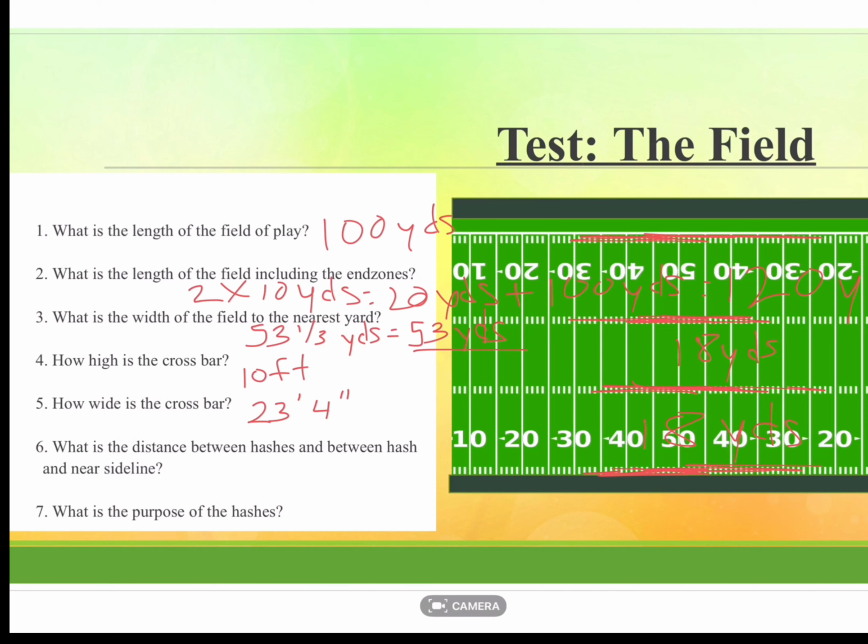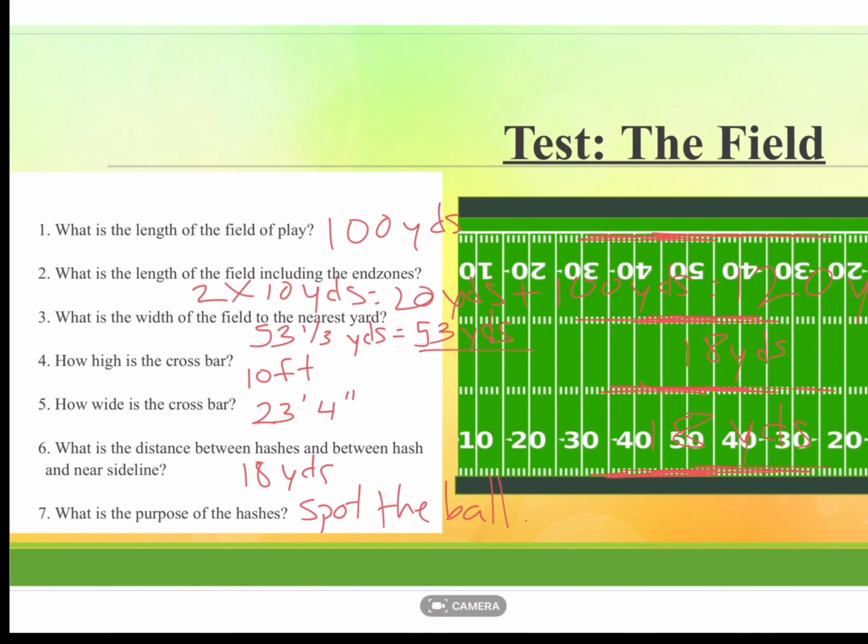Okay, what is the purpose of the hashes? The purpose of the hashes is to spot the ball, meaning that's where they'll put the ball down to start the next play if the last play was over somewhere outside of the hashes.